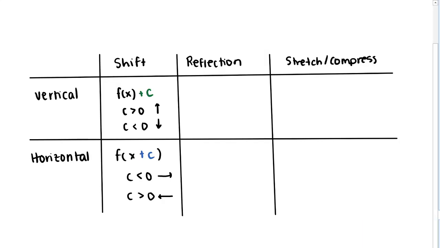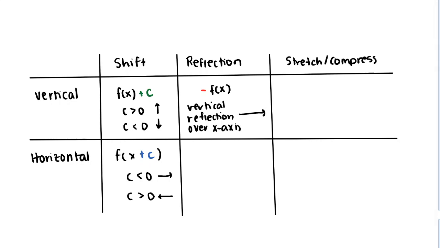So what happened when we took our function and we negated it? Well, this amounted to a vertical reflection over the x-axis, the horizontal axis, right? So we took our horizontal axis and we reflected vertically over this axis.